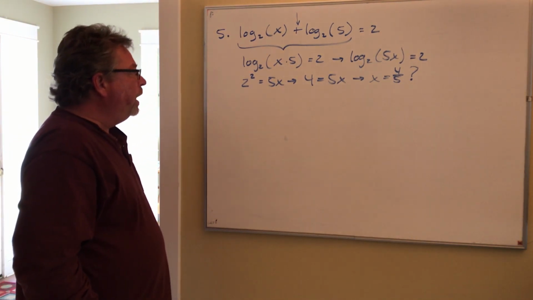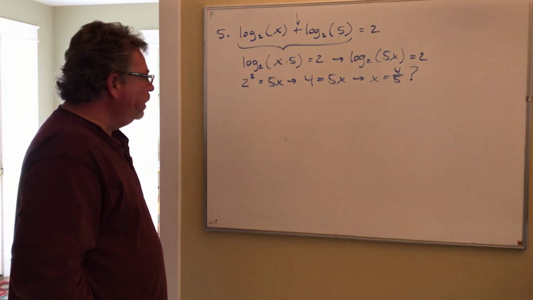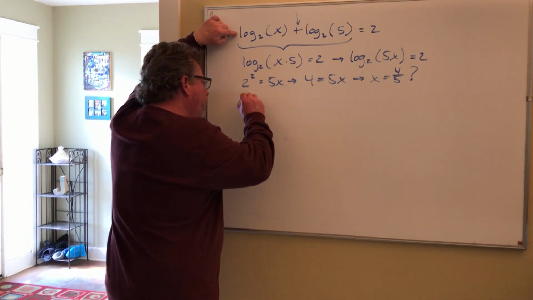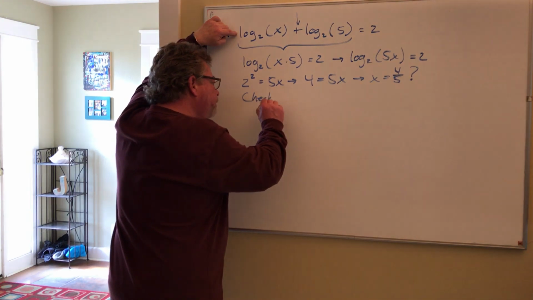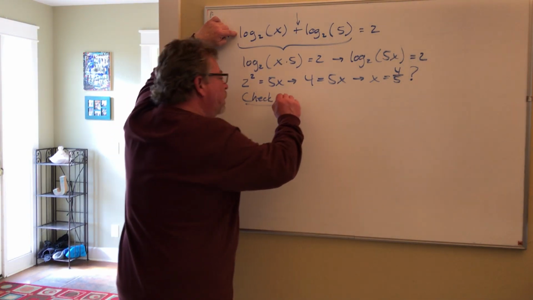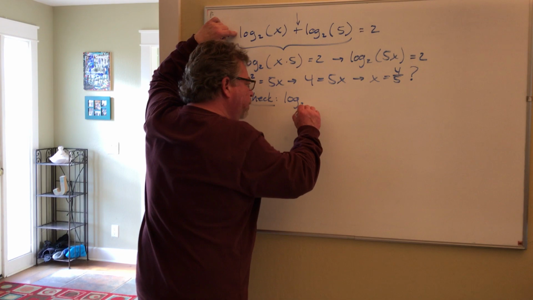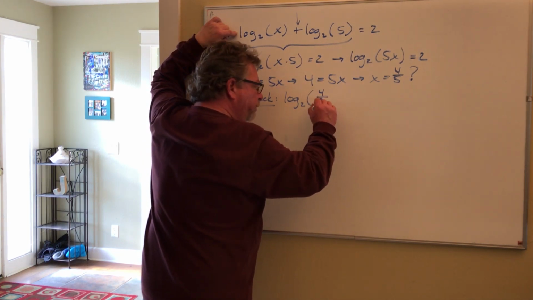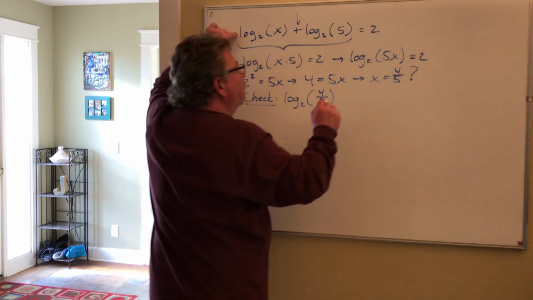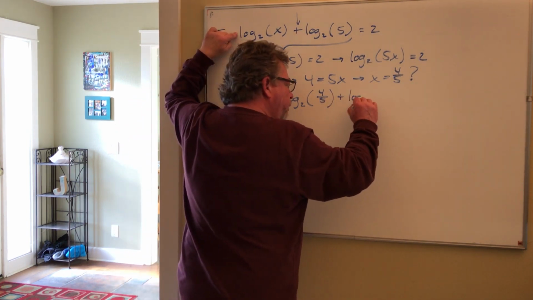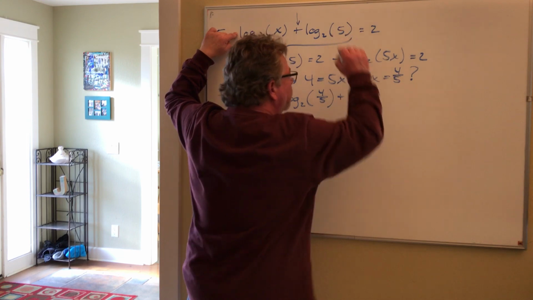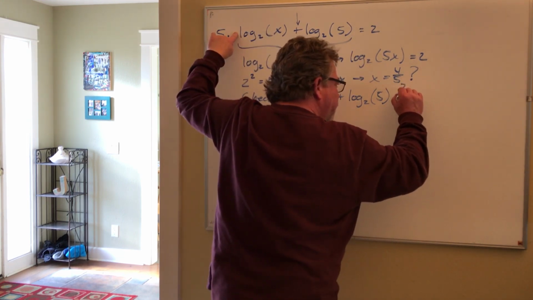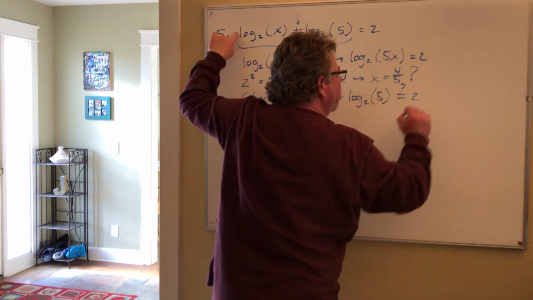All right, so let's check this back in the original equation. So if I come back here and I check this, I have the logarithm base 2 of x, which is 4/5, plus the logarithm base 2 of 5, and I'm asking the question, is that in fact equal to 2?